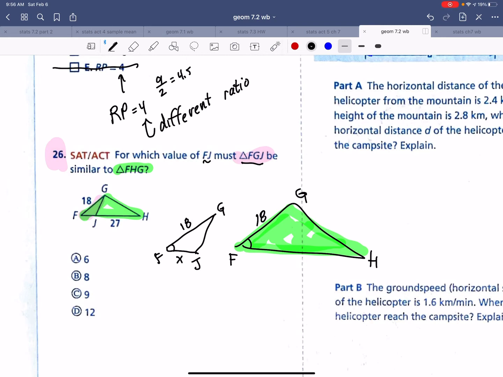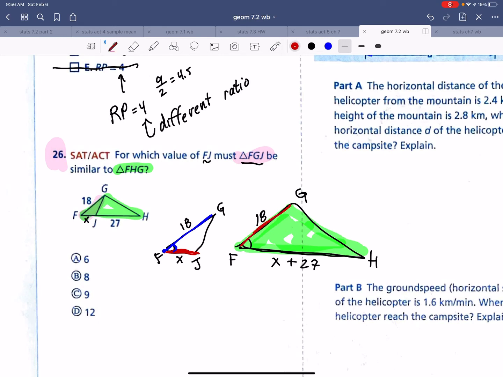So we have to put X. And we also know that this would be X plus 27. Okay. So we can set this up, but actually pretty good. So this is my small side, right? And this is my long side, and I have a matching angle in between, so that's fine.